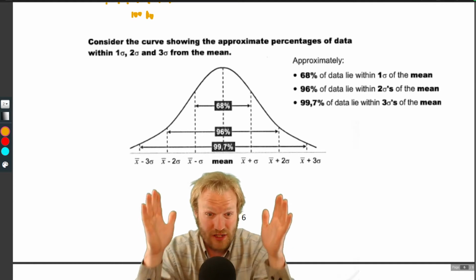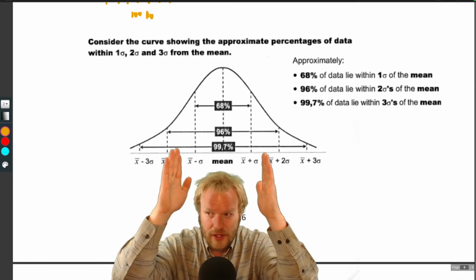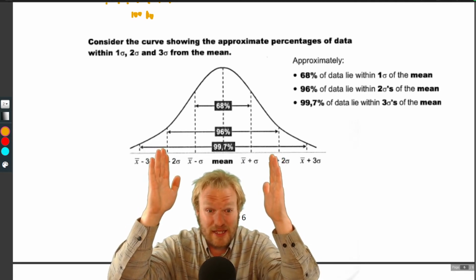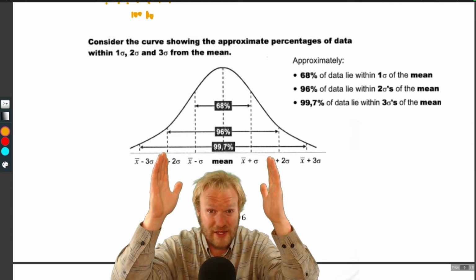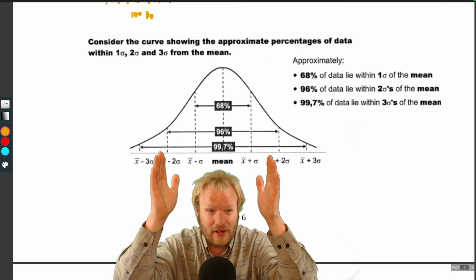Quite a lot of our data is quite close to the mean. And if we go out by 2 standard deviations, 96% of our data is that close to the mean. So much of our data is really close to the mean.